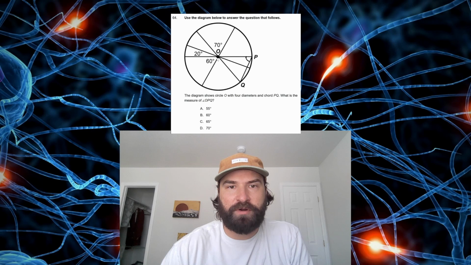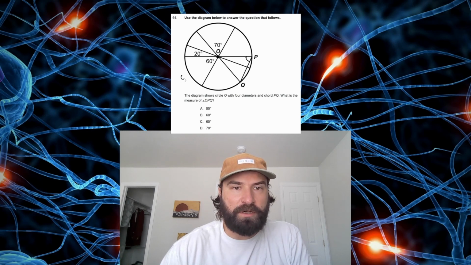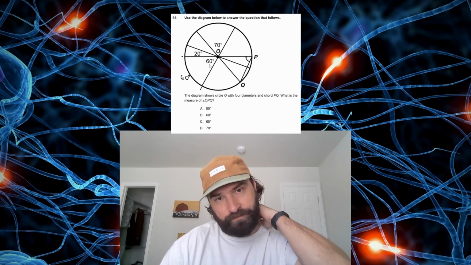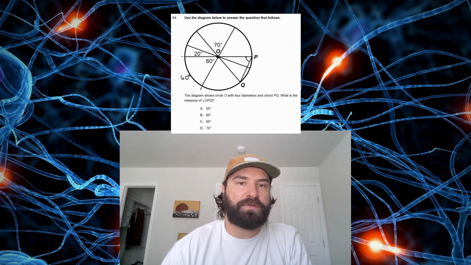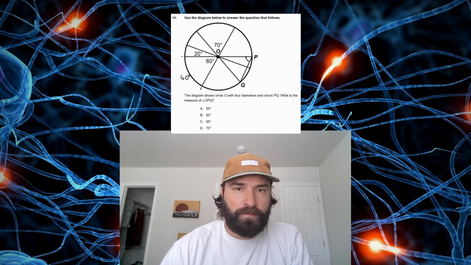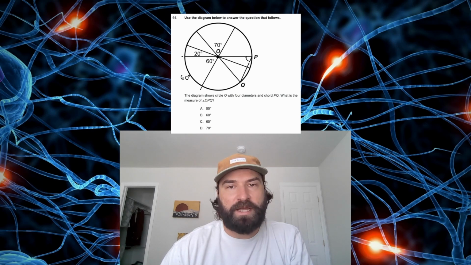So this 60-degree angle is at the center of the circle, and we know that this arc is 60 degrees from here to here because it's inscribed by the line segments that make this angle at the center. There's another rule that if you have an inscribed angle on the circle, the arc that it inscribes is going to be twice the angle measure.